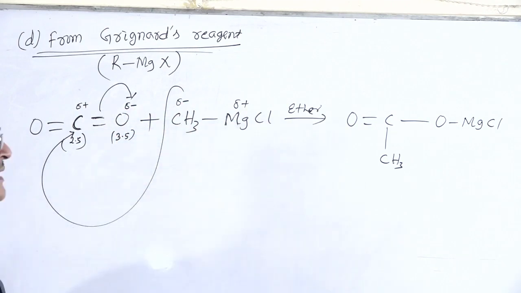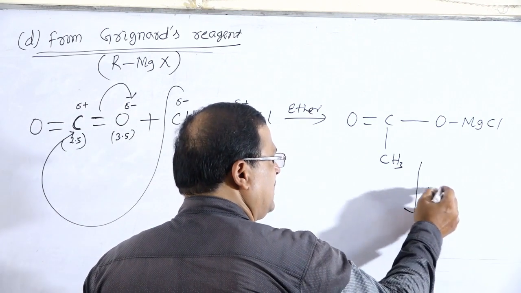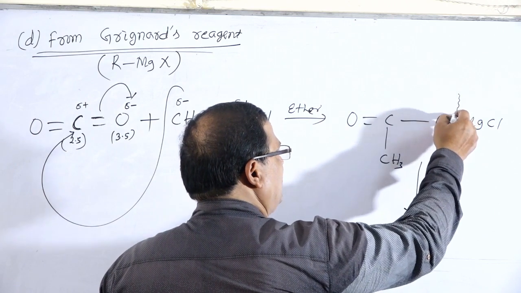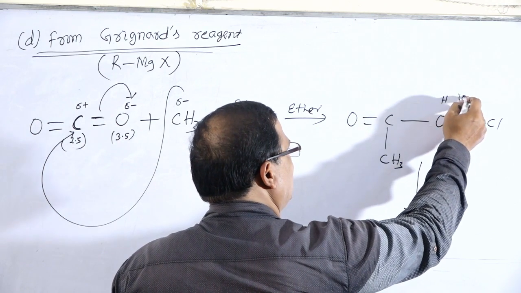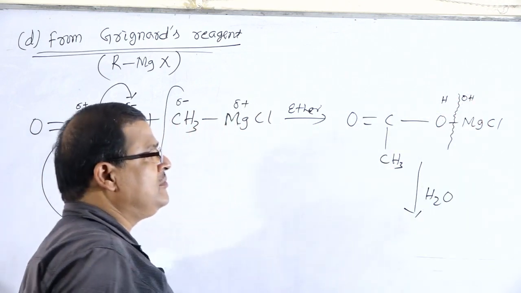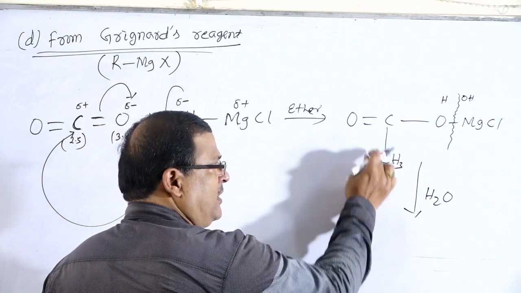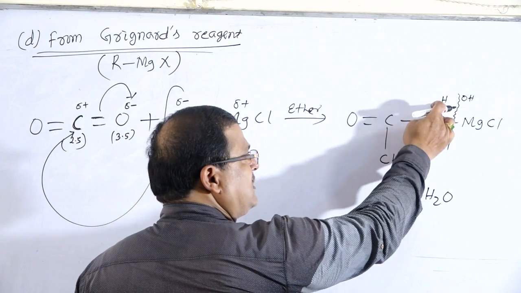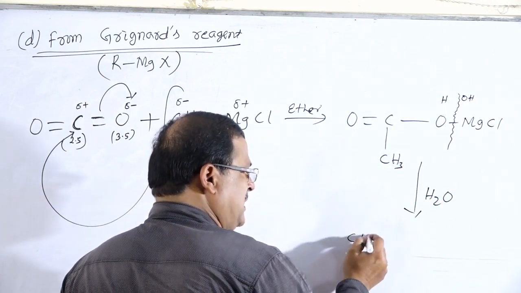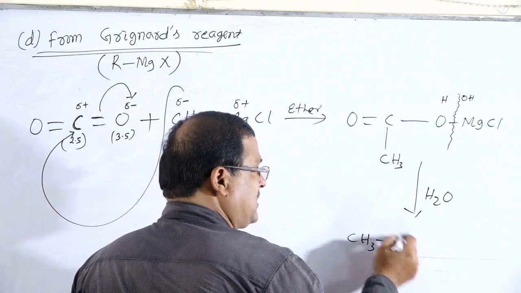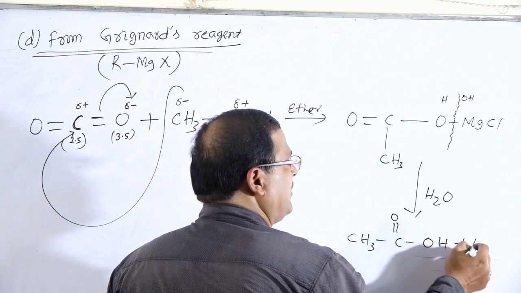The compound produced undergoes hydrolysis. This bond will break with HOH, and the product will be CH3, C double bond O, OH, plus MgOHCl.